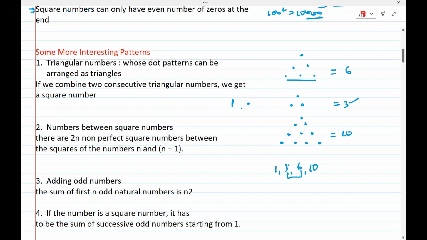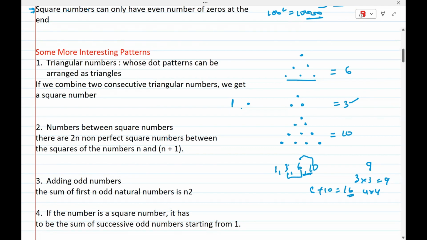So 3 plus 6 is 9, and I know 9 is a perfect square. Same way, if I add 6 and 10, again triangular and consecutive, that is 16, and 4 into 4 is 16. So adding two consecutive triangular numbers will give you a perfect square.